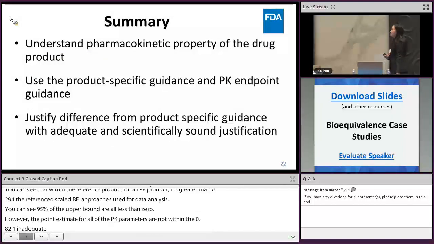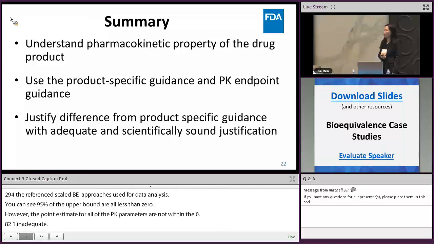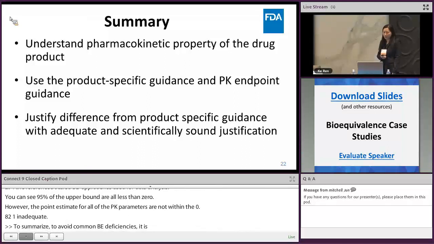To summarize, to avoid the common BE deficiencies, it's important that we design the study according to the PK properties of the drug product.